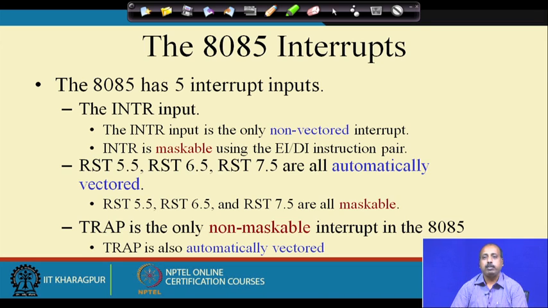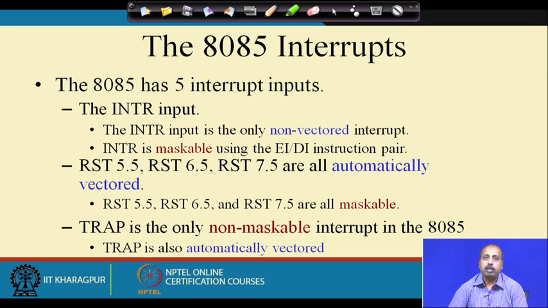A device connected to this INTR line may send an interrupt to the processor via this line, and when this interrupt comes, since it is a non-vectored interrupt, the processor will go to a particular execution cycle where it will expect the device to provide it with the ISR address, and after getting that ISR address, the processor will go to that ISR.